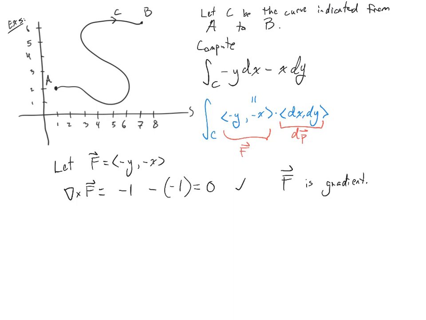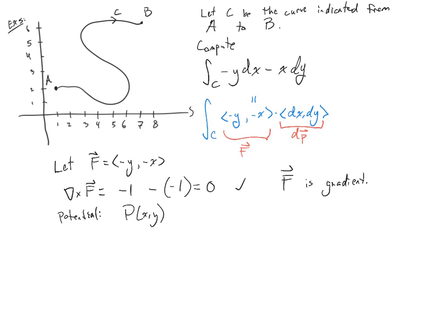So what I can do is use the fundamental theorem of line integrals. So let's find a function for which F is the gradient. So my potential function, which I'm going to let be P of x, y.